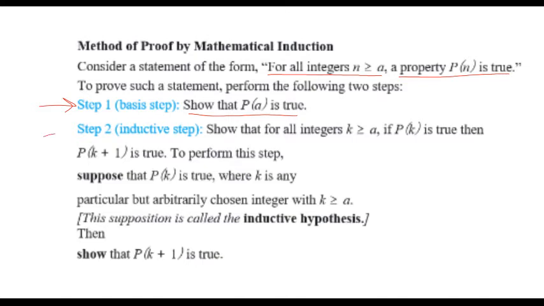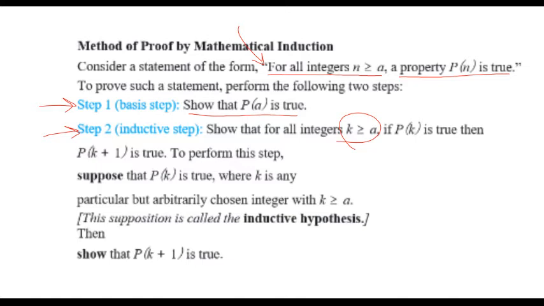And the second step, which is called the inductive step, basically says that we need to show for every integer k greater than or equal to a, if P of k is true, then P of k plus 1 becomes true. So this is a universal conditional statement that we must prove if we want to prove the original statement, which was a universal statement for all integers n greater than or equal to a, right?